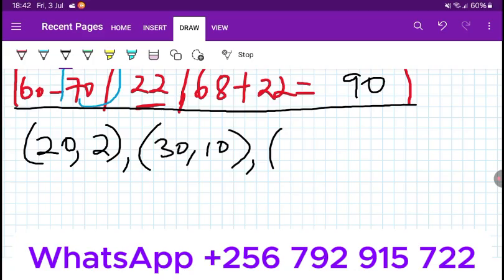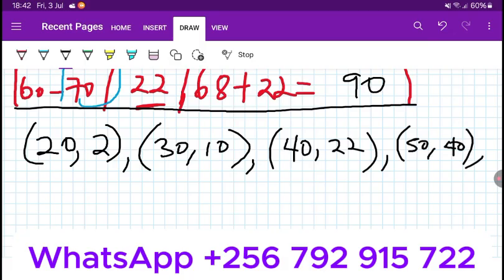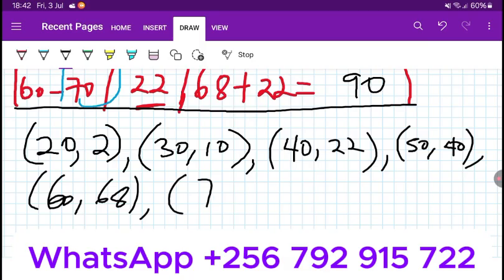The next one is 40 and 22. The next one is 50 and 40. The next one is a 60 and a 68. Then the next one is a 70 and a 90, which is this 70 here and this 90 that we have got. So those are the points that we are going to plot.